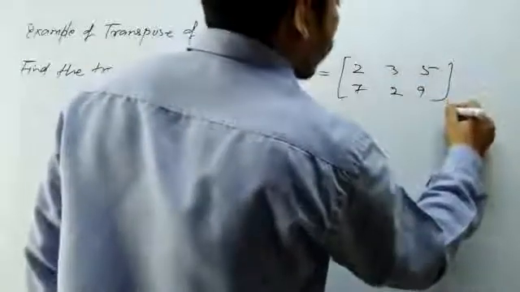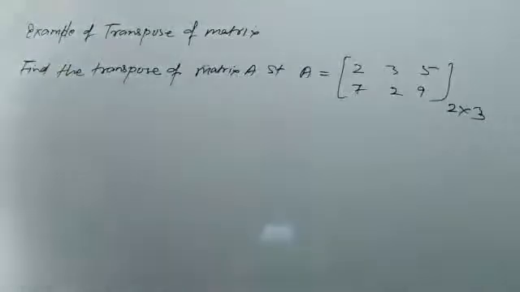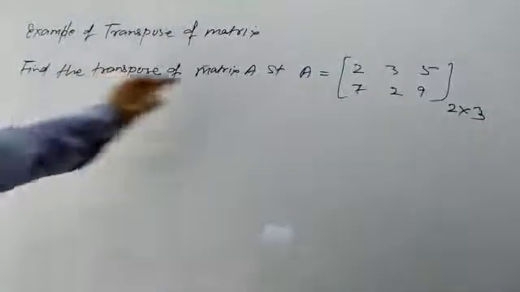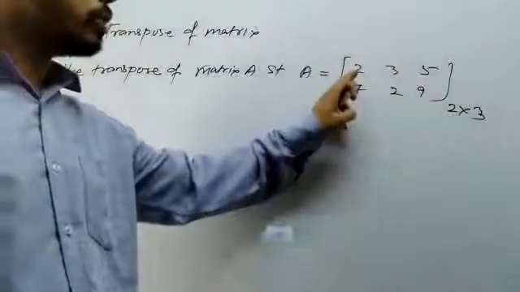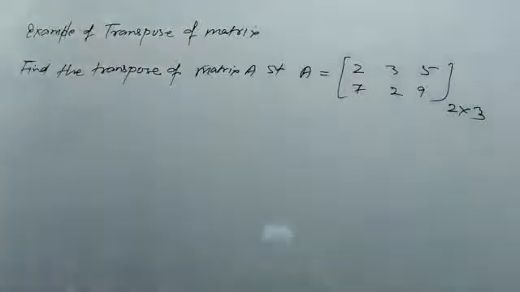This is of order 2 cross 3. So we have to find out the transpose of matrix A, where the given matrix A is of order 2 cross 3, that is 2, 3, 5 and 7, 2, 9. This is the question and this is the answer.